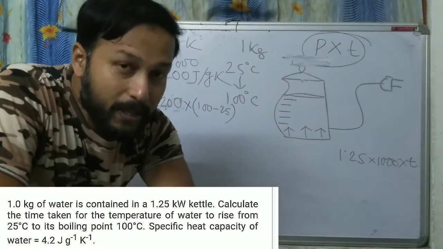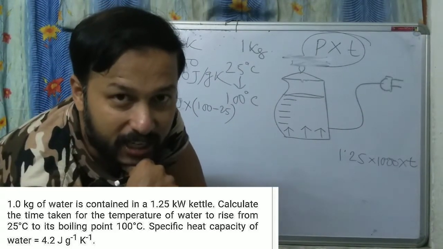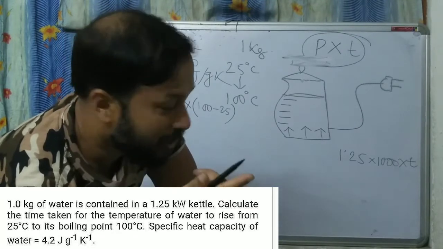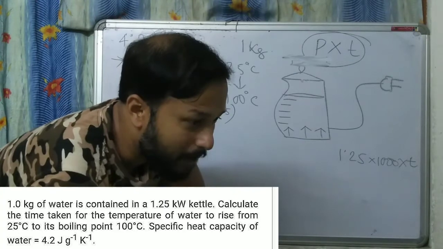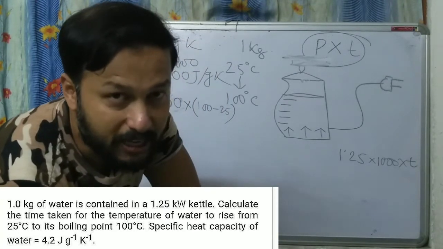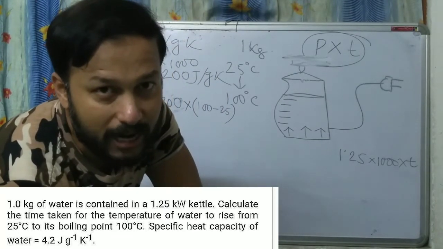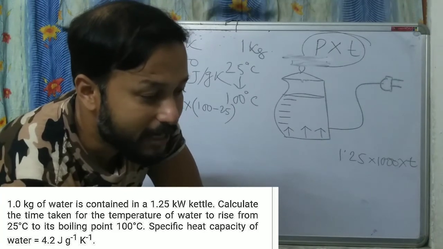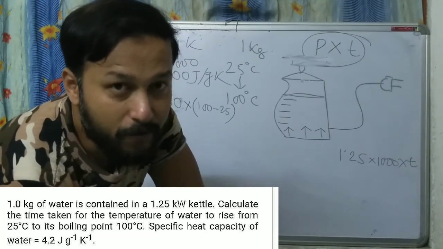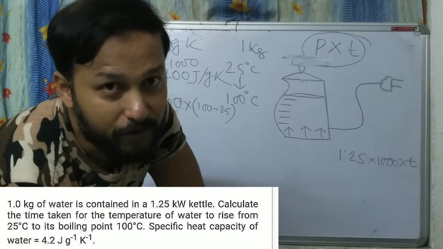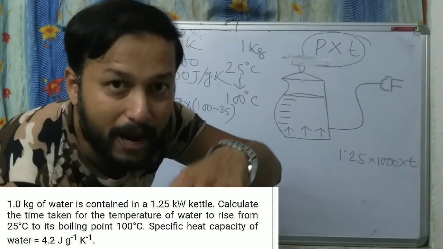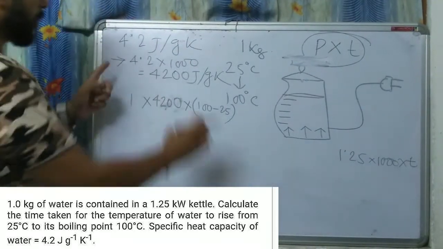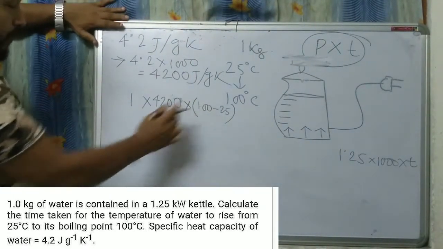That means if mass is in kg and the specific heat capacity is per gram, then you need to change the specific heat capacity from gram to kg. That is what I am doing by just multiplying by 1000.